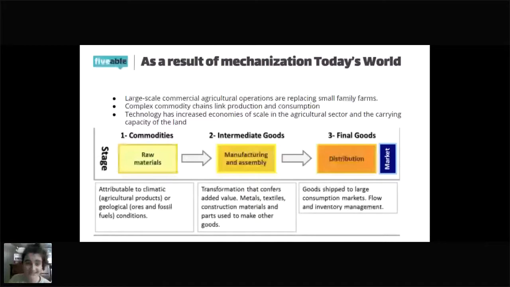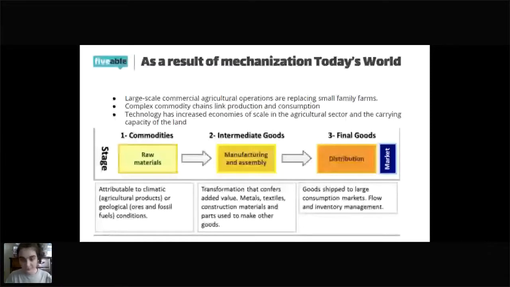But for what we're discussing here, technology has increased the carrying capacity of the land, which means that more crops can be grown in a specific area, like a square meter. You can use that square meter to produce so much more than you could 100 years ago, right?